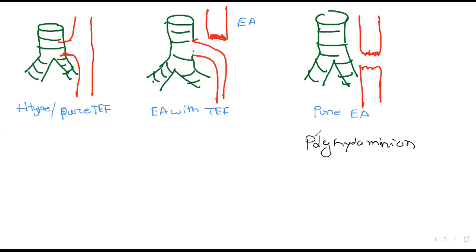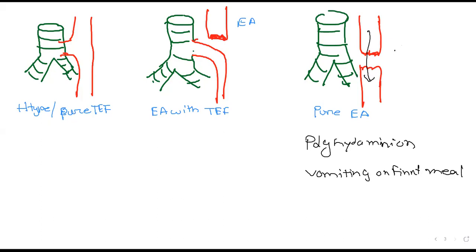And when these babies are born, if they are first fed, they cannot pass their feed into their stomach because this end has atresia. So they start vomiting on their first meal.